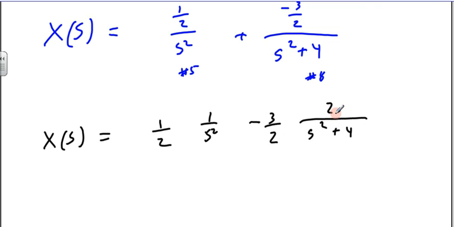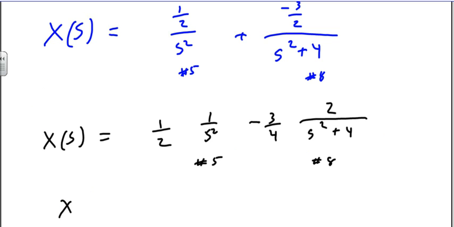I need a 2 up there, so I'm going to have to put a 4 down here so that I can have a 2 up there.